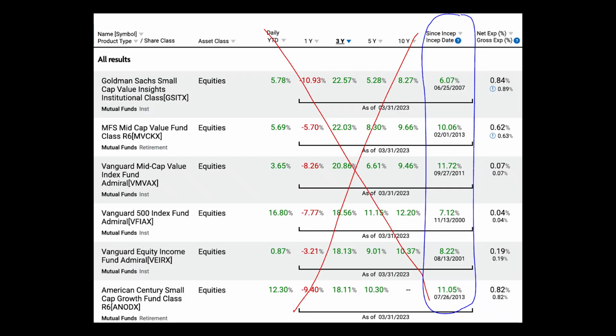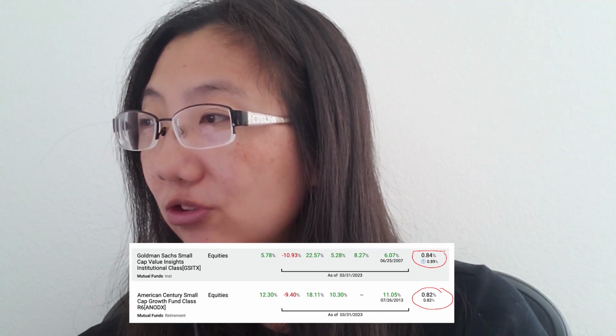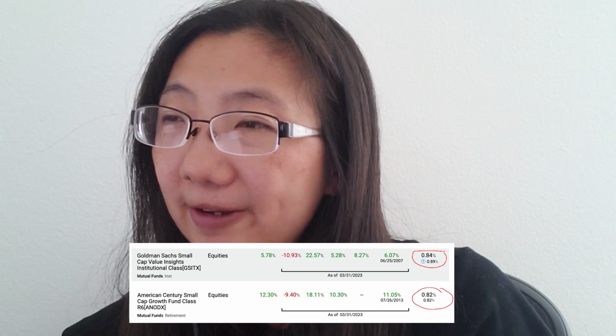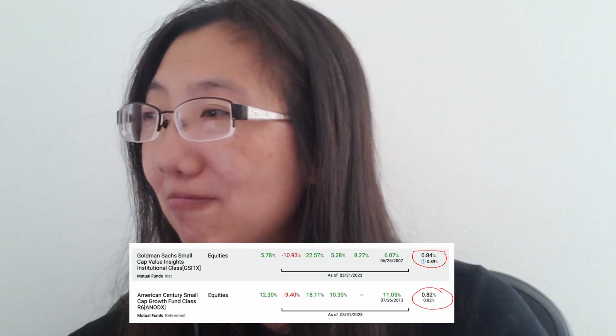Now, what is something that I don't look at all that much? The growth rates, the return rates. Why? Because all else equal, if you take two funds that invest in practically the same thing, and I'm going to show you two funds that basically do the same thing here, the Goldman Sachs Small Cap Fund and the American Century Small Cap Fund, they both invest in small cap companies, small cap stocks, then what truly differentiates them most of the time is actually their net expense ratio, the cost of you making this investment.